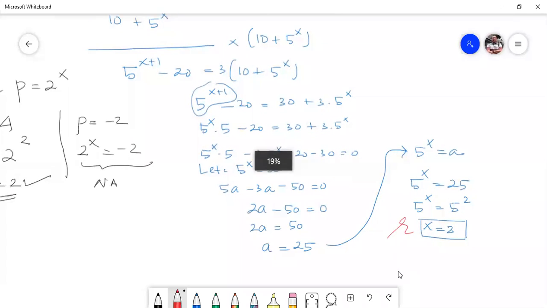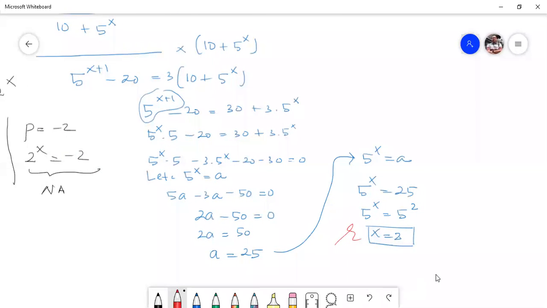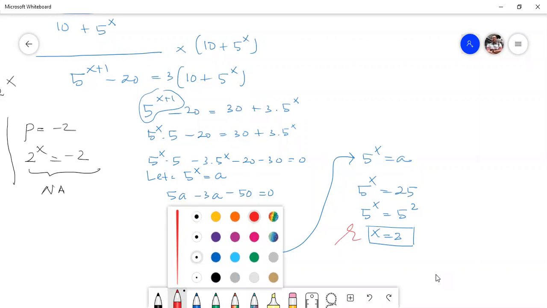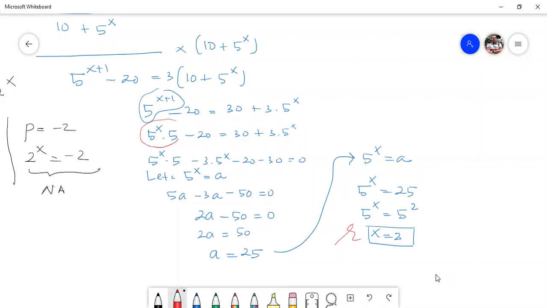Actually, if you want the short way, look at this. You don't need to split this one. We need to split this, actually.